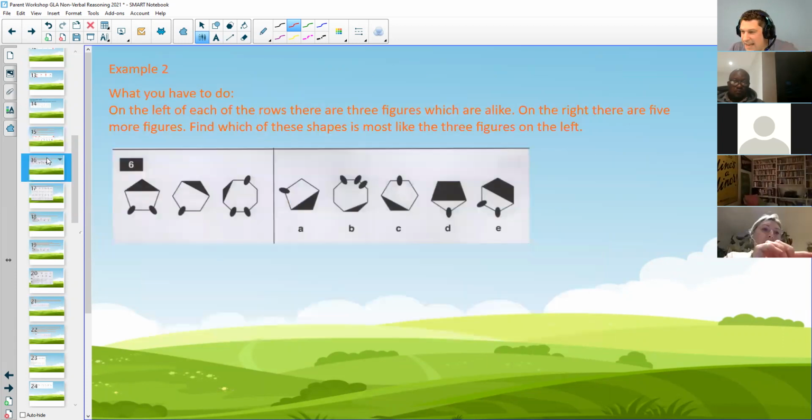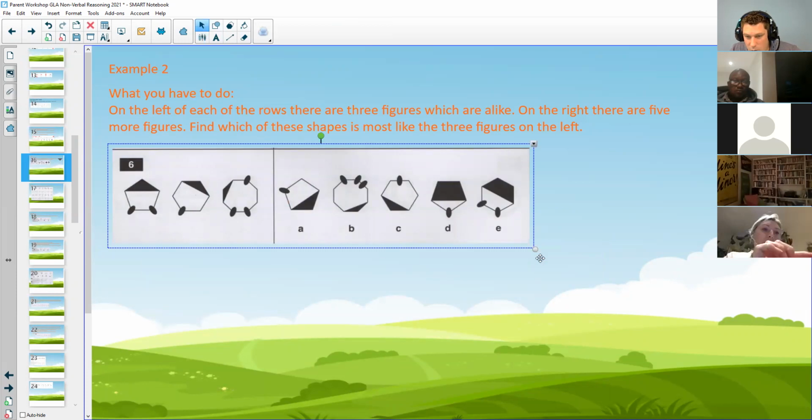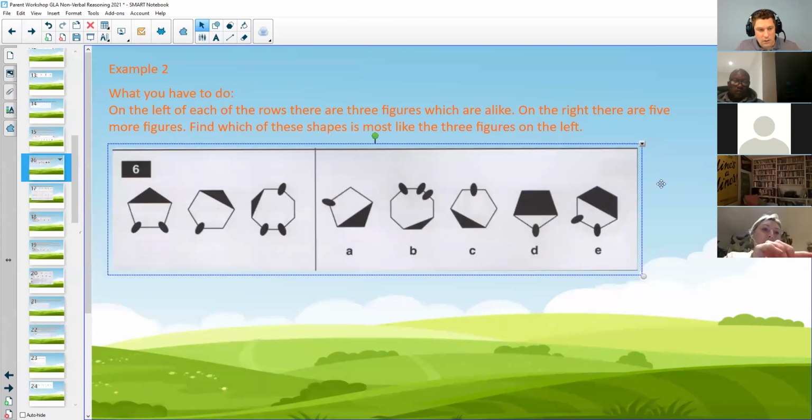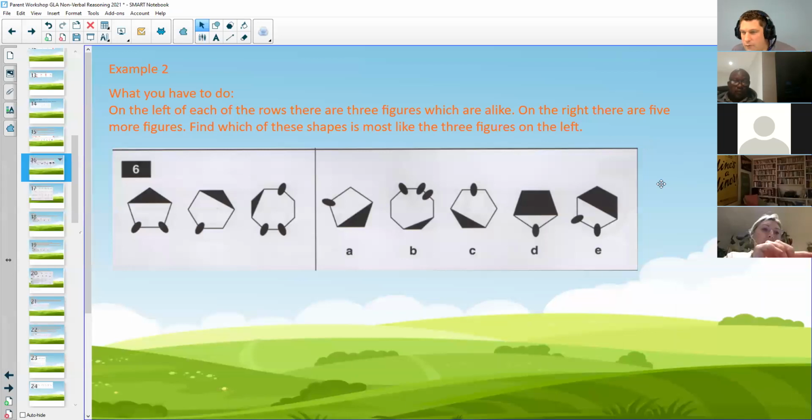So I've got one here that maybe is slightly more challenging than the one you've just seen. I wondered whether you wouldn't mind having a go at that one. See if you can work out, of the 5 options, which shape belongs with the 3 on the left. If you're feeling brave and confident, type the answer in the chat.